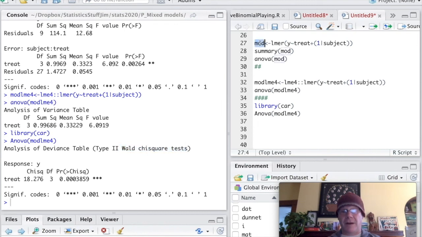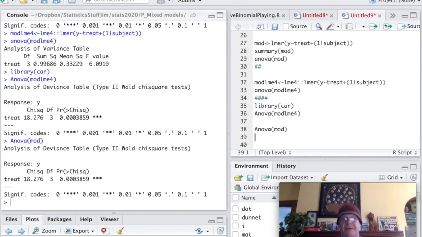And we could likewise take our object that was made in the lmerTest, and we would get the exact same answer. So the capital A Anova doesn't care whether or not you use lmerTest or whether or not you use lme4 when putting together a mixed model.